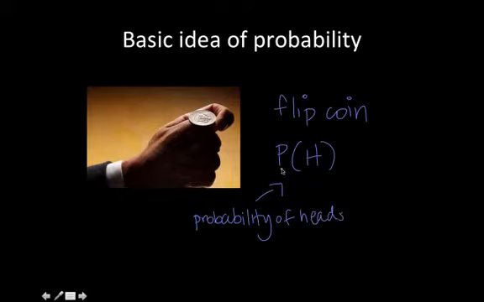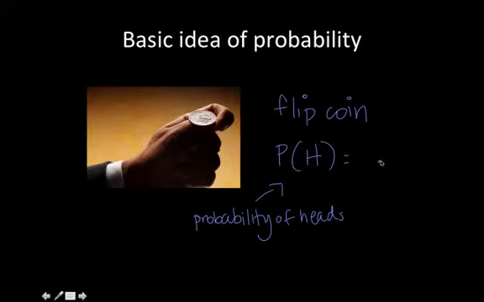Okay, so P and then parentheses H or whatever you're interested in. So in this case, we're interested in getting heads. So what we're asking for is we want to come up with the chances of this occurrence happening. And you probably are familiar enough with probability to be able to figure this out on your own.